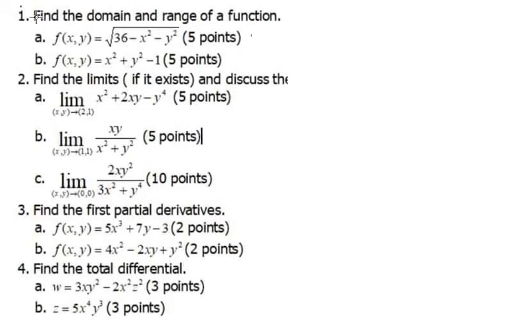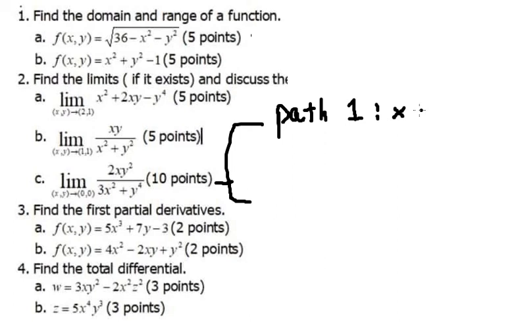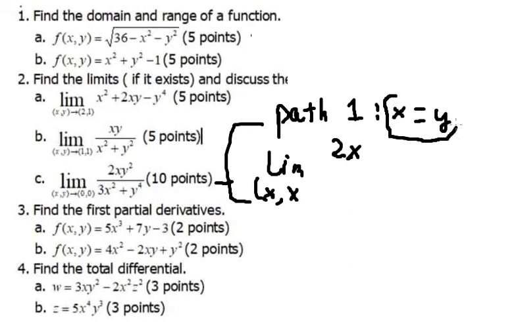Question 2c. We know that we have two parts in here. Part number 1, when x equals y. We have the limit, and x and y, we change y for x because we go to part number 1 in here, going to 0, 0.